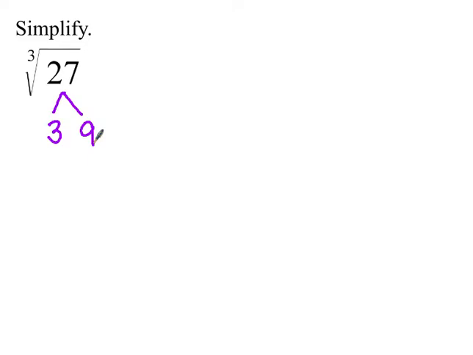No, it's just going to be 1 and 3. What about 9? I can break down 9 and I get 3 and 3, right? Whatever number is outside the root, like in this case 3, I am looking to see if there's 3 of any number inside. Is there? There's 3 what? 3's. So there are 3 3's, and that will be my answer.